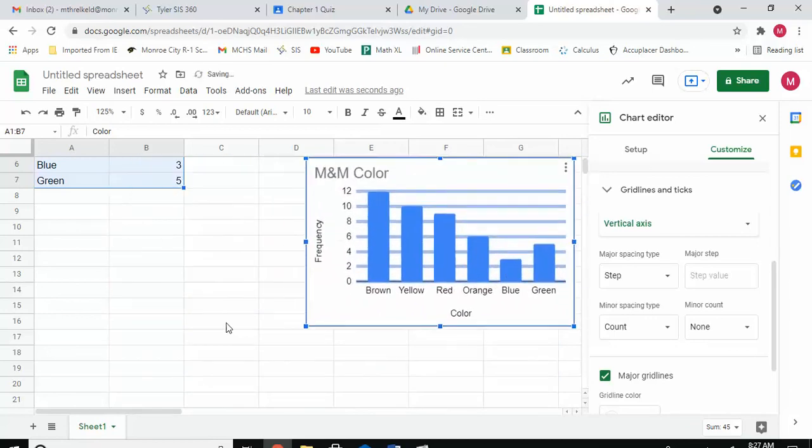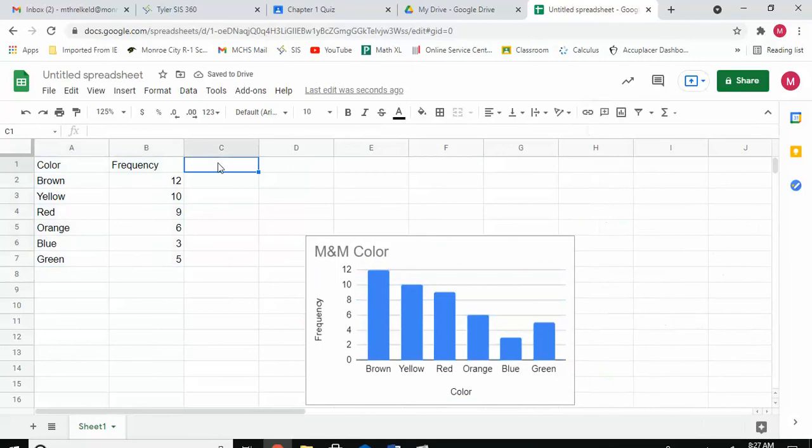So you can always resize it, move it off to the side. Let's say I wanted the relative frequency distribution. So we could add relative frequencies to our table. You can either just type in the numbers we found for the relative frequency. You can also have Google Sheets find it for you. You guys know how to use formulas on here.